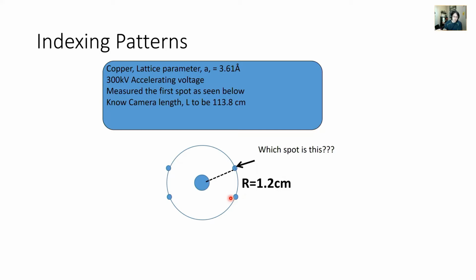I had a ruler and I printed it out, or I had it in some digital imaging software and I measured it digitally. Maybe that's more precise. I know the camera length of my instrument to be 113.8 centimeters, and camera length is a static thing, set when the machine is set up and calibrated. So I know this camera length.